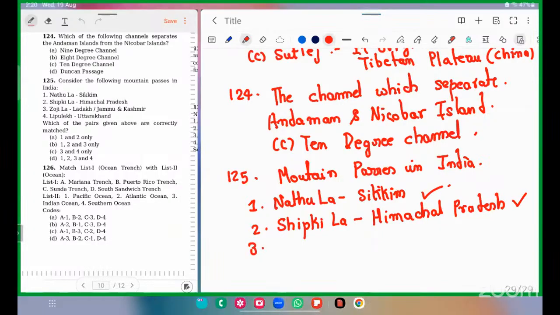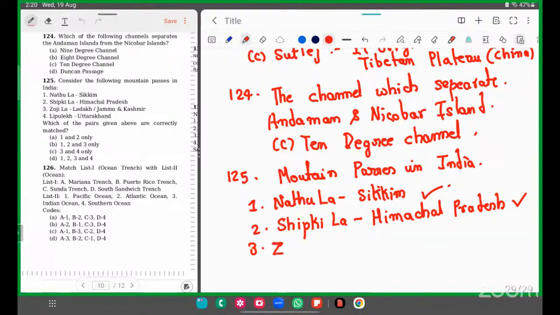Third, Zojila, which is there in Ladakh and Jammu Kashmir.